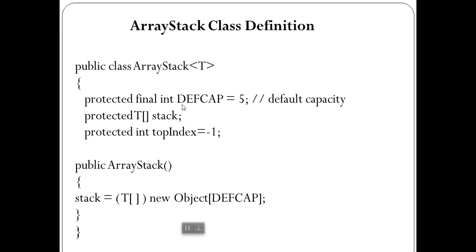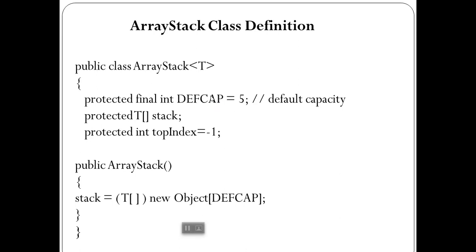Look at this, we have a variable called default capacity. This is actually the maximum number of elements that you can store into the stack. If you want to define the size of your stack, you can define it using a variable called def cap, or you can use any name here. The textbook has this name.